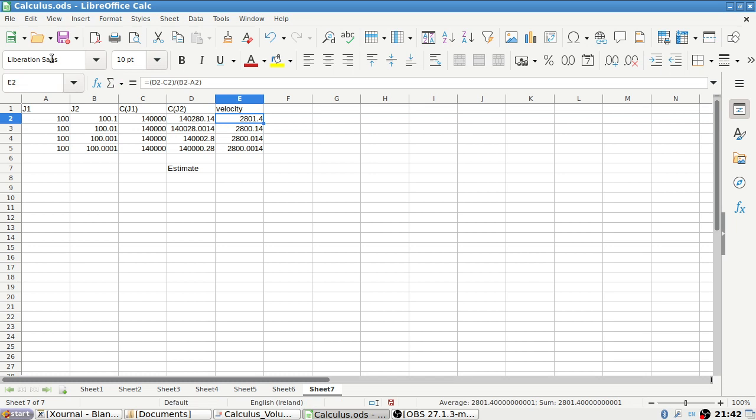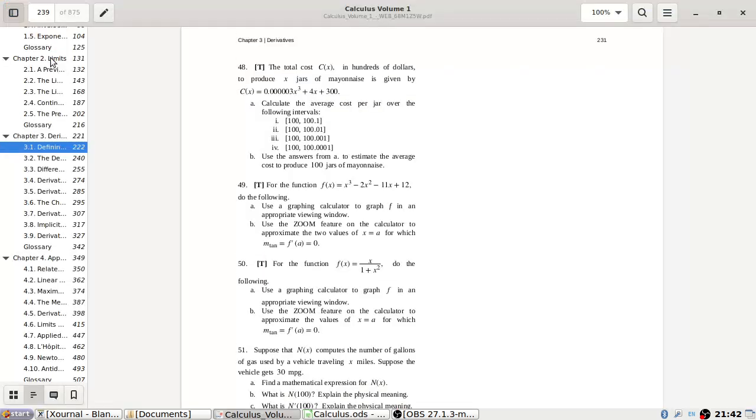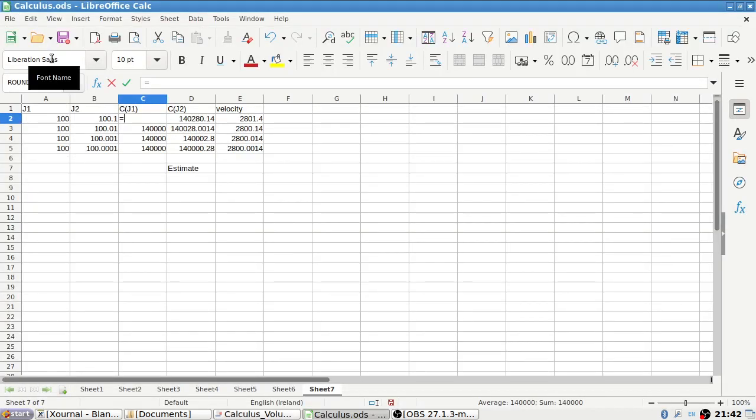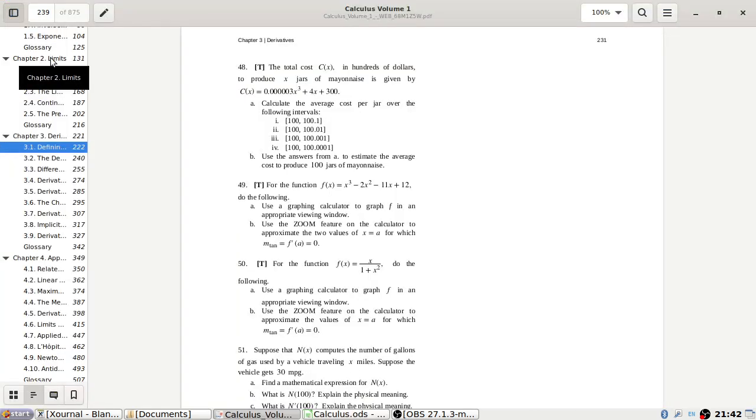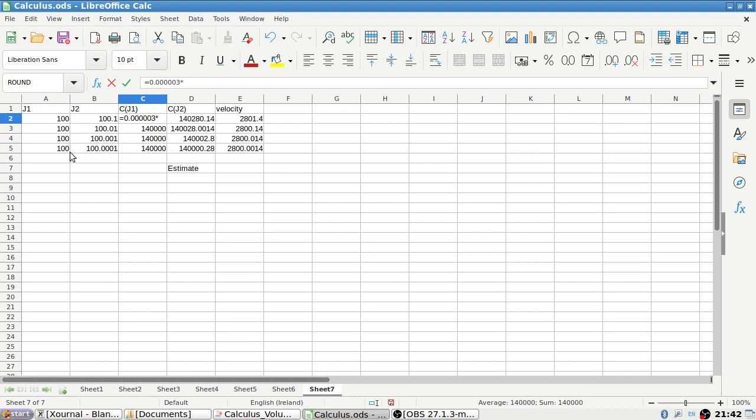D minus C. Okay, so it equals 0.00003 times x cubed plus 4x plus 300.